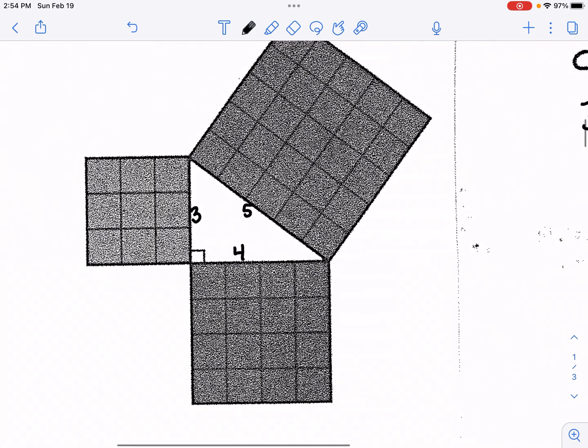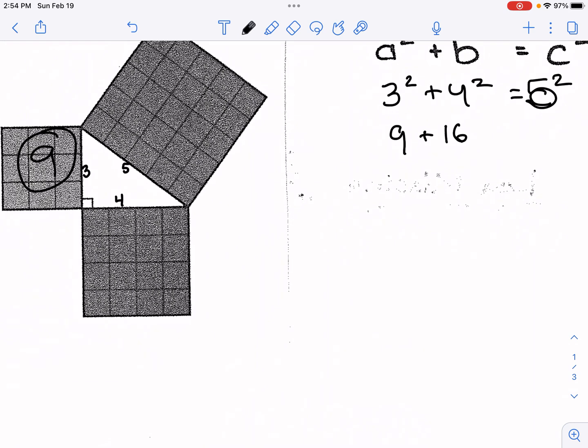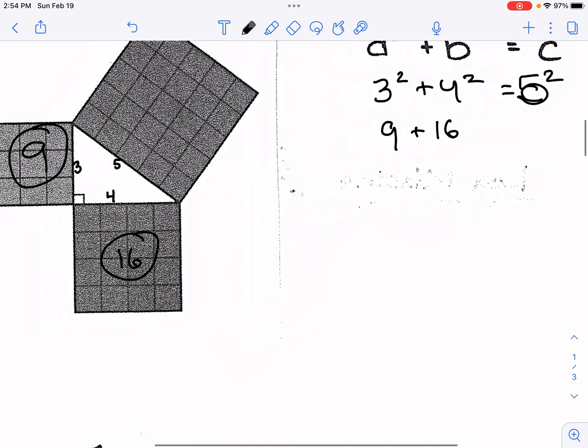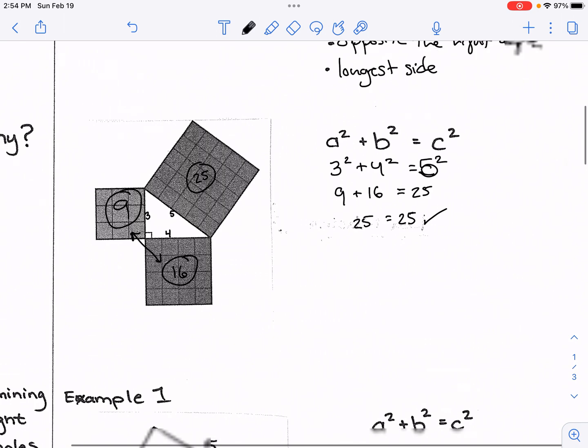And as you can see in the diagram, there are 9 squares right next to that side length. 4 squared is 16. And again, if you count, there's 16 squares. And also 5 squared is 25. So there's 25 squares here. And if you count these two, the total of these two side length squares is equal to 25, which is the same thing as the hypotenuse. So that means that this is a right triangle.